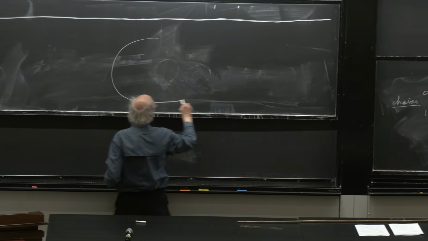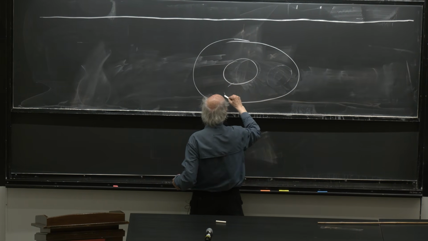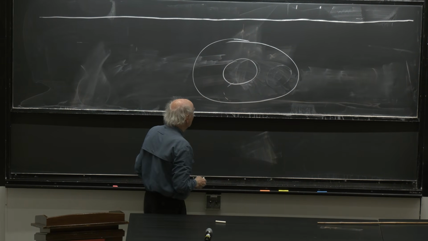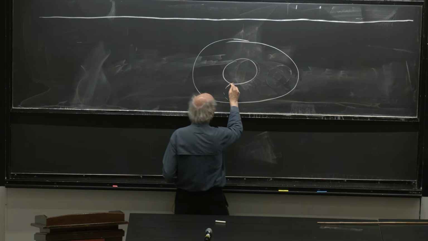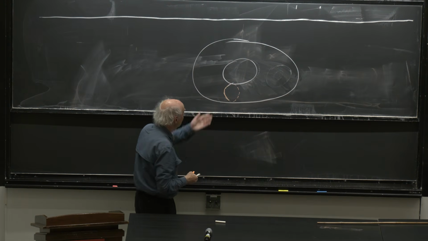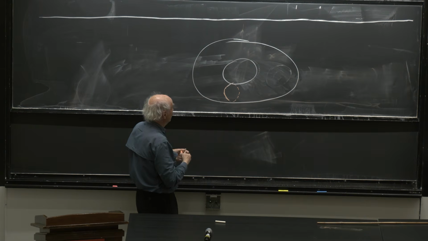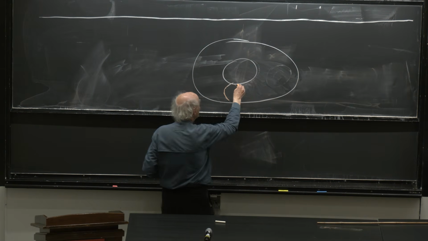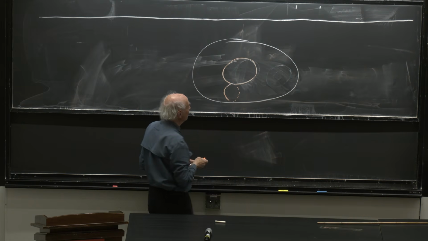So suppose you look at a torus. Then if you look at this circle, it's not the boundary of anything. The same if you look at this circle.